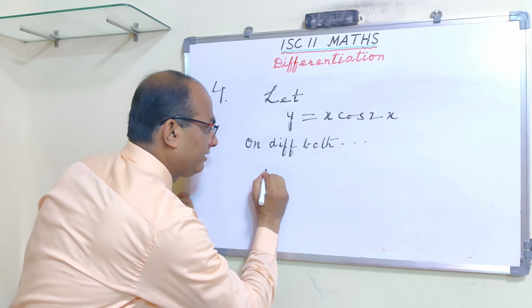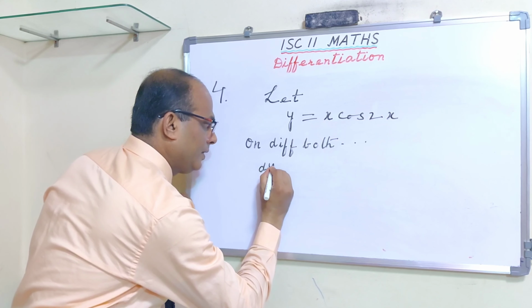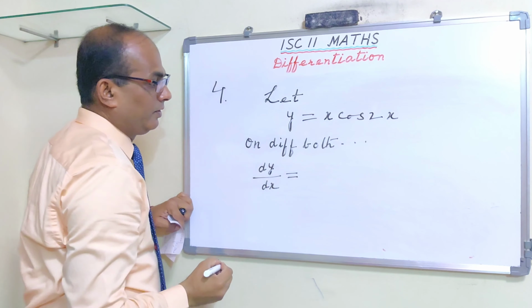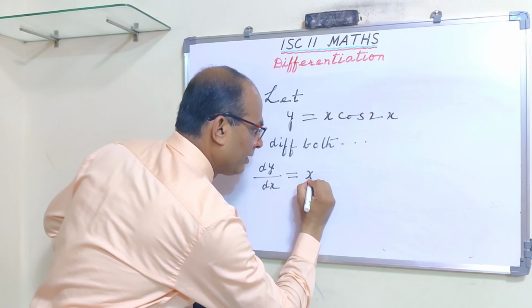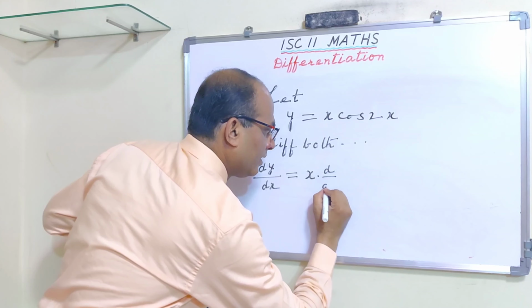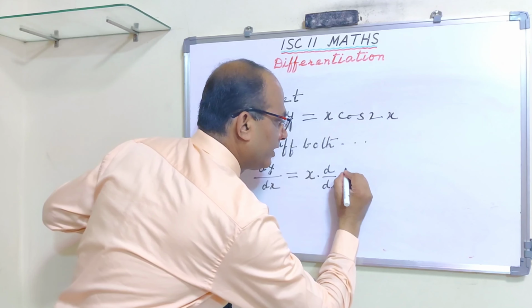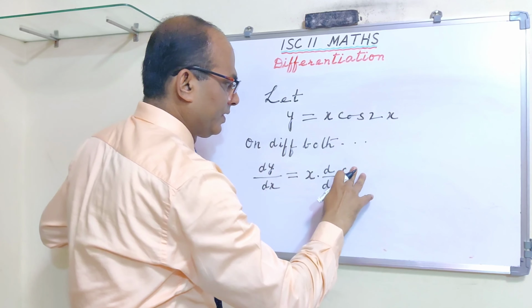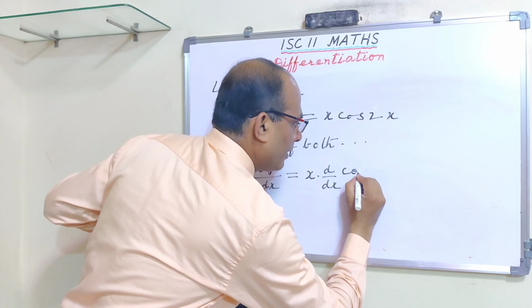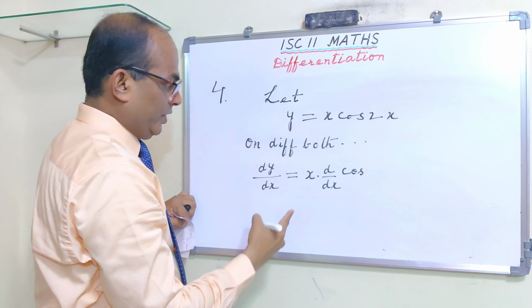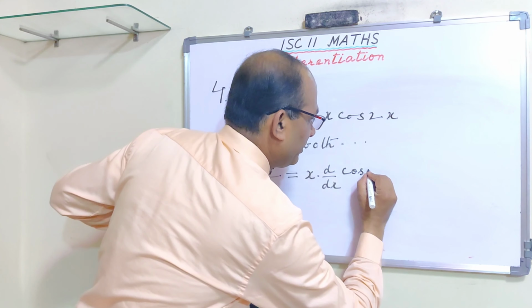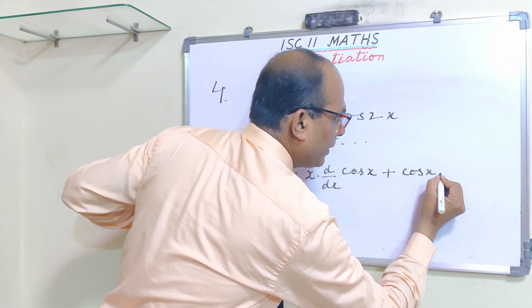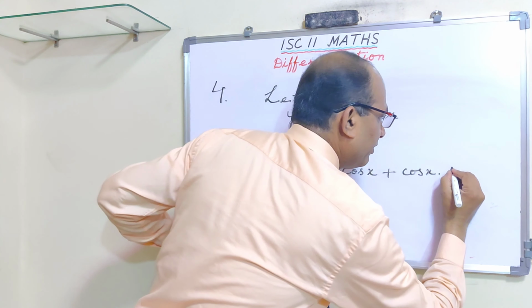So dy upon dx is equal to first function into derivative of second function plus second function into derivative of first, d dx of x.